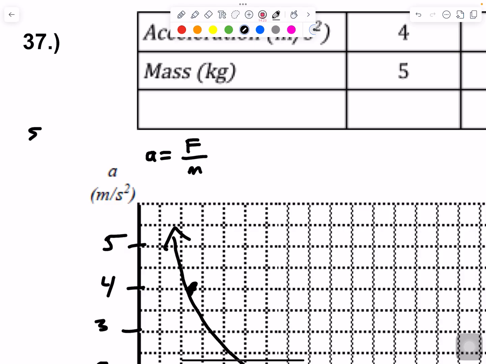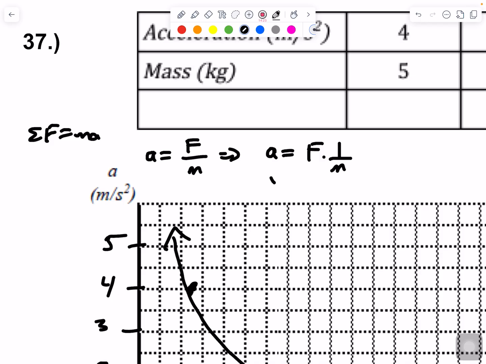Net force equals mass times acceleration. We just solved for acceleration. So what I'm going to do is split this up into a equals 1 over m times F, because multiplying by the inverse of m is the same thing as dividing by m.